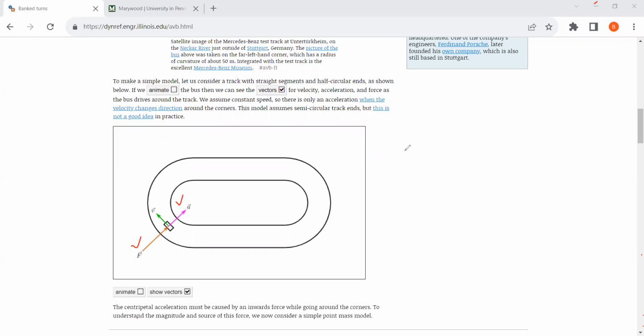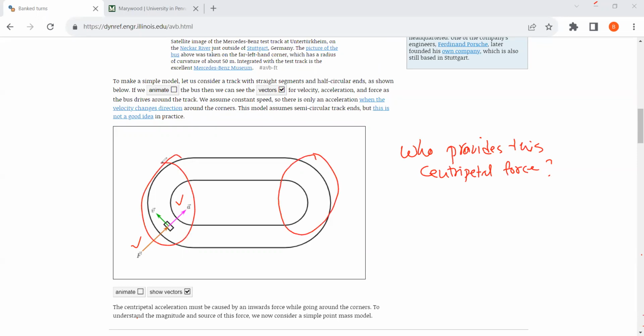But the question is, who supplies this centripetal force? To keep our car in this portion of the circular path, someone needs to provide centripetal force so that the car stays on the track. If there is no centripetal force, it will follow this path and skid away.